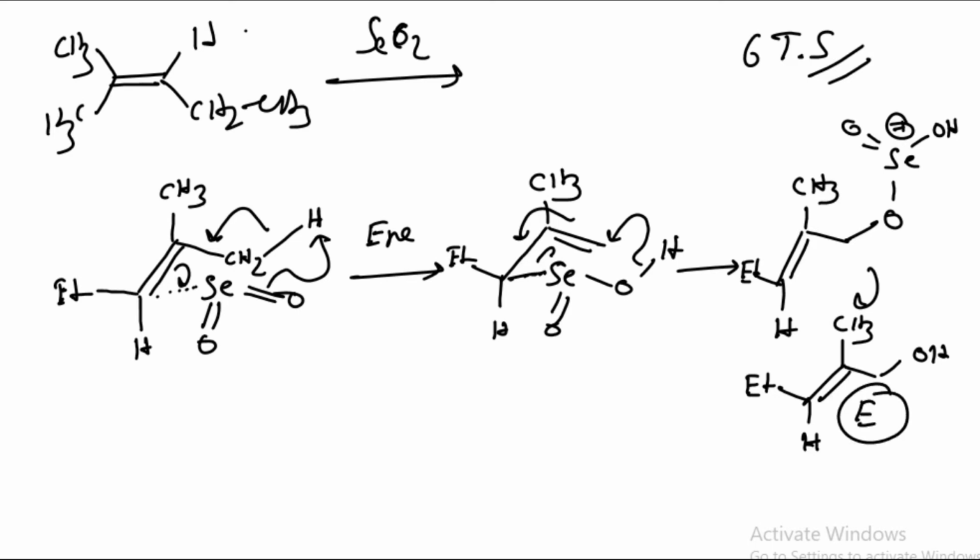So what will happen if you try to produce the Z-allylic alcohol? Let's try to do that. I will just write the transition state. Hydrogen is captured during the ene reaction. That was happening when the ethyl group is anti to that. So in this case I will write the ethyl group in the same direction here.